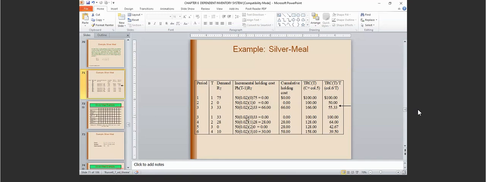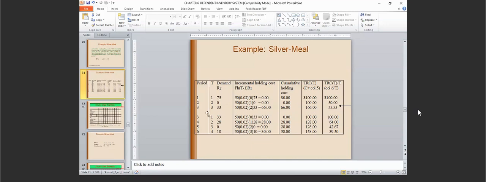Oleh kerana kita tidak akan memegang sebarang inventory, incremental cost di sini akan jadi kosong. Jadi cumulative holding cost juga akan jadi kosong dan total relevant cost di sini hanya ada ordering cost sahaja, kekal pada RM100. Jadi total relevant cost iaitu 100 tadi bahagikan dengan 1, kita akan dapat 100 juga.